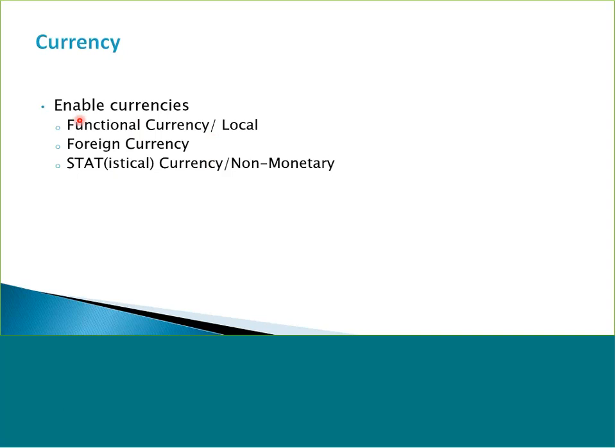Perhaps if a business in Kenya does business with another one in the US, you can enter a journal in US dollars, but then the information is stored in the general ledger in the functional currency, and the foreign currency amounts are converted to the functional currency using exchange rates that are provided by users.